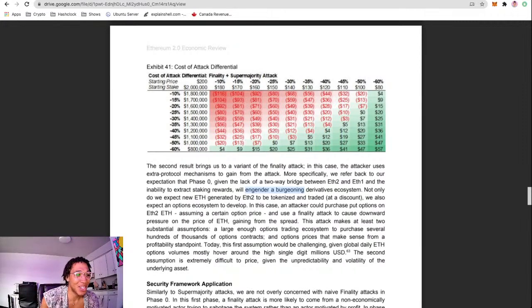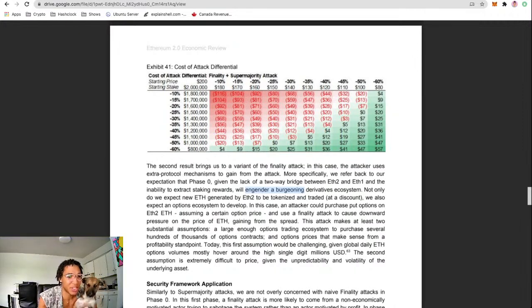This attack makes at least two substantial assumptions: a large enough options trading system, which I'm sure we'll see, to purchase several hundred thousand options contracts, and options prices that make sense from a profitability standpoint. Today, the first assumption would be challenging given global daily ETH options volumes mostly hover around the single-digit millions USD.